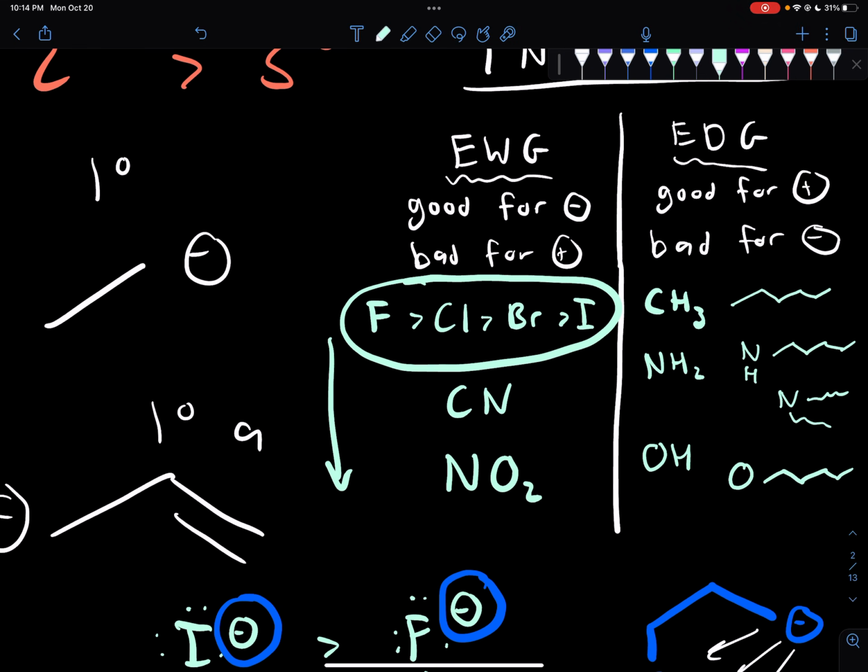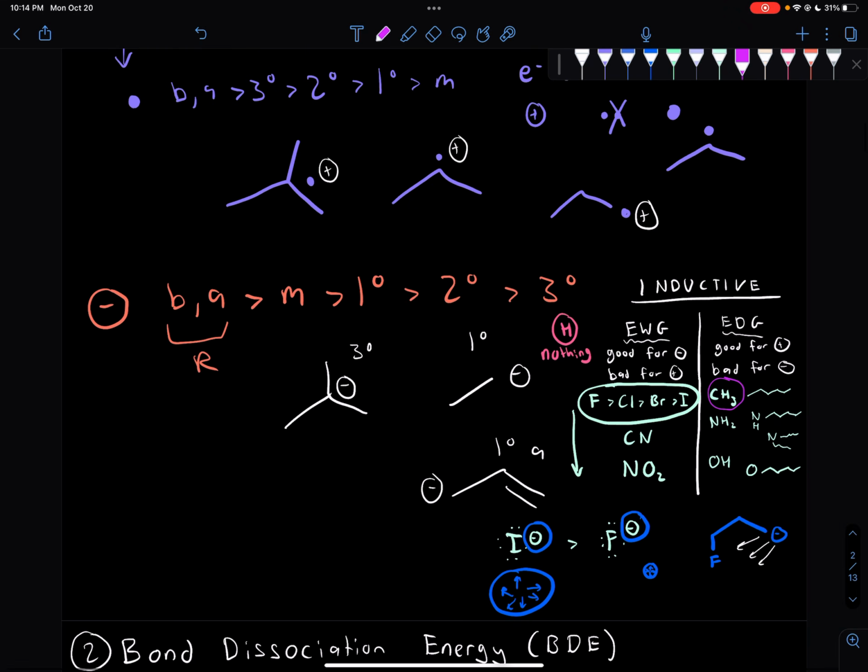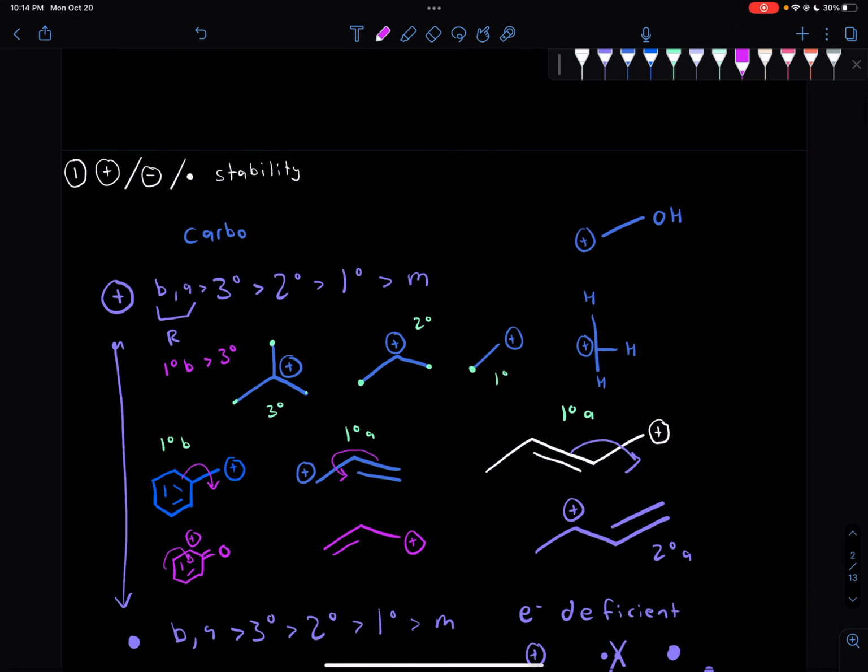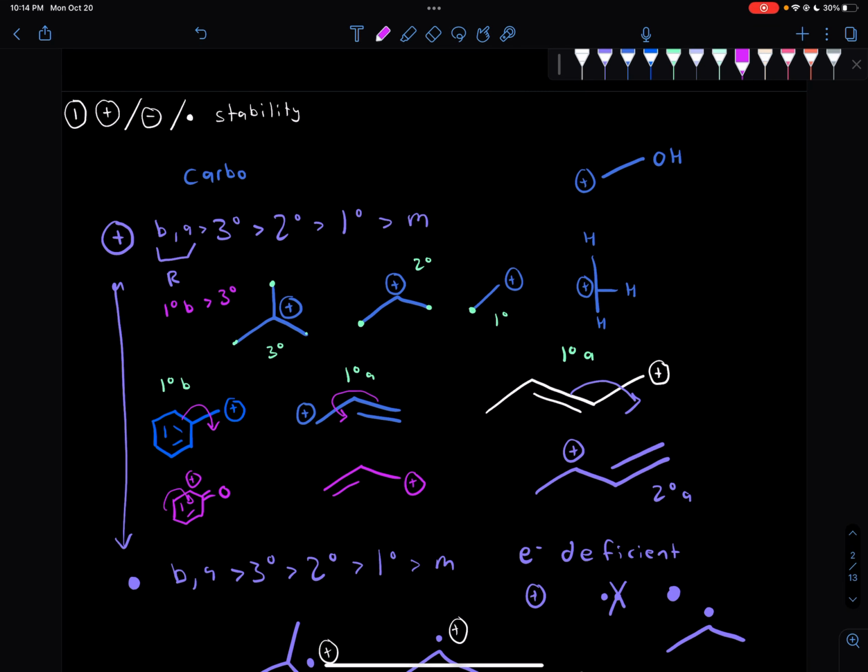Now when it comes to hydrogen, hydrogen is nothing. It's neither an electron donating group nor an electron withdrawing group. So the two things that we need to focus on are hydrogen and hydrocarbons. So look at this. For electron poor regions, so both carbocations and radicals, the more electron donation you have, the better, right?